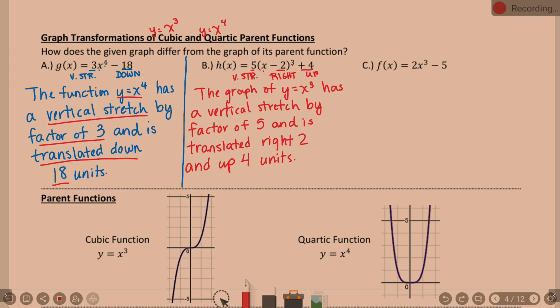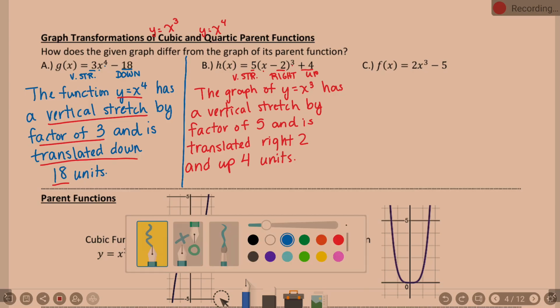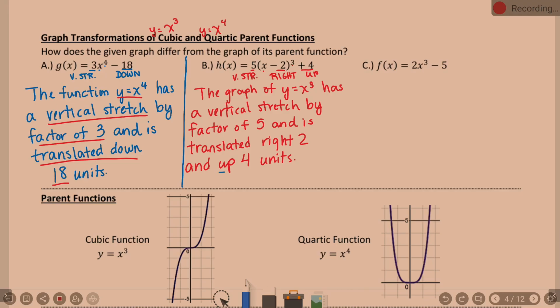Okay? Again, not that your wording has to be the same, but did you include up 4, right 2, something like translated, vertical stretch, factor of 5, and did you include the parent function of y equals x cubed?